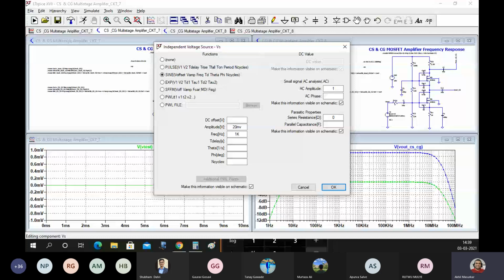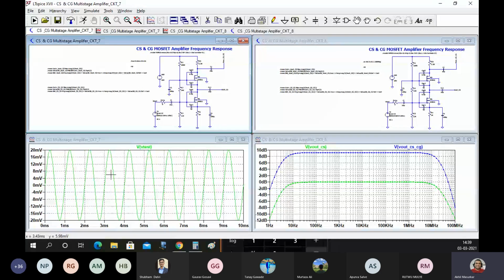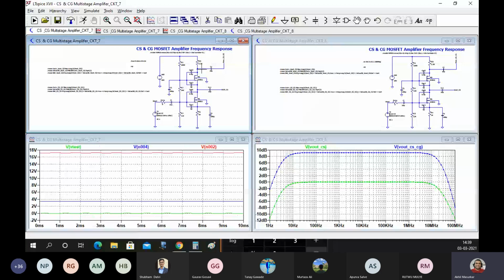So we have got our input, then we want voltage at this point, and then we want voltage at this point. So voltage here.